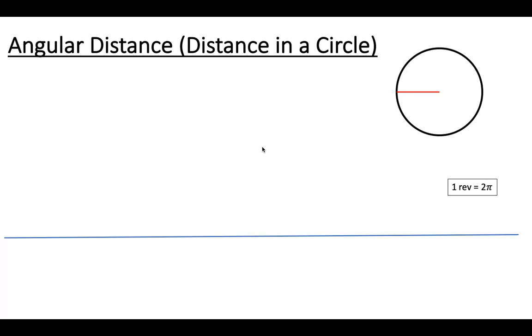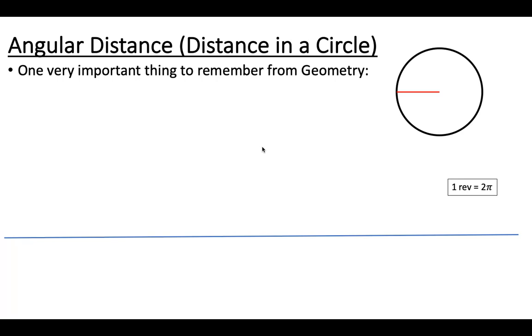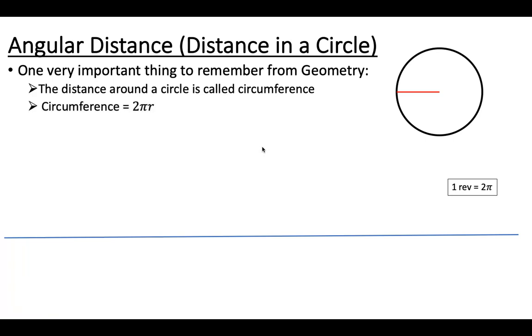Okay, so angular distance in a circle. One very important thing to remember from geometry is that the distance around a circle is called the circumference. And we know how to calculate the circumference. The circumference, so the distance around a circle, is equal to 2 pi r. Remember, r is the radius. That's how far the edge of the circle is from the center, just like this red line up here in the corner.